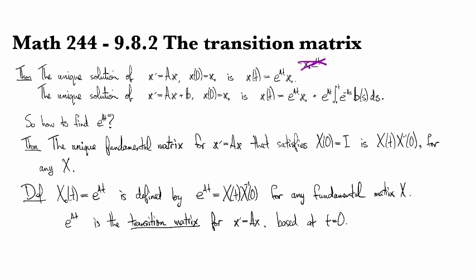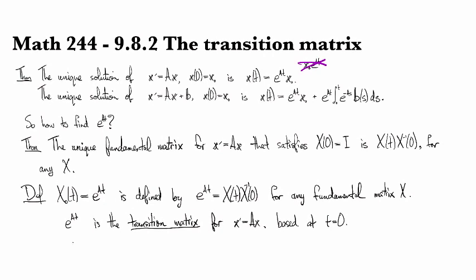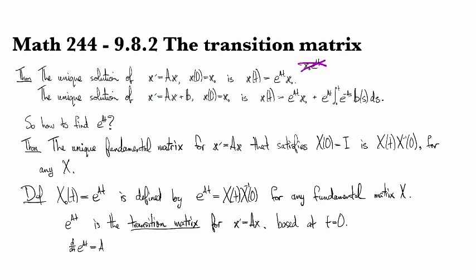Okay, and so the reason why this works is that we have d/dt of e to the At equals A e to the At.